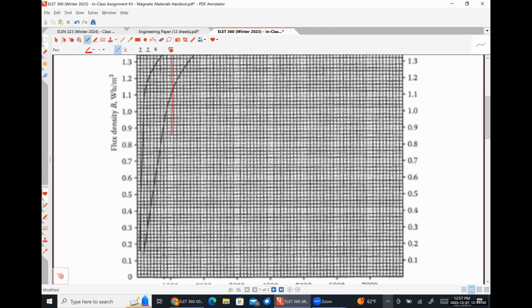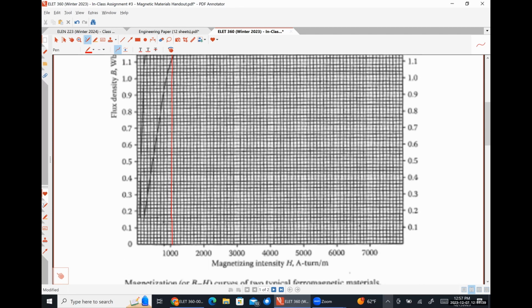So I'm literally just going to draw a line over here until I hit the curve at 1.4, and then I'm going to go down, down, down, until I find the H value that corresponds with that, which is, yeah, let's call it 1100. Roughly, right? The best we can do is estimate things here, okay?